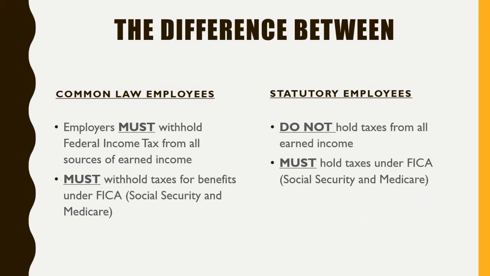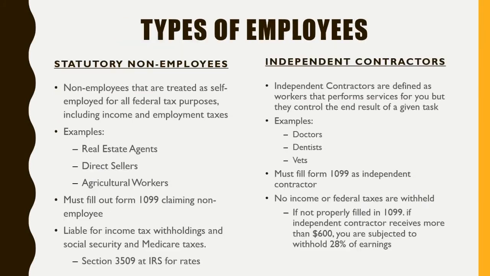But they don't need to pay into their federal income tax withholdings. So that's another difference between the two, because in this case you have someone that's coming in on a constant daily basis, whereas with this one, you're not really. That's the difference there.